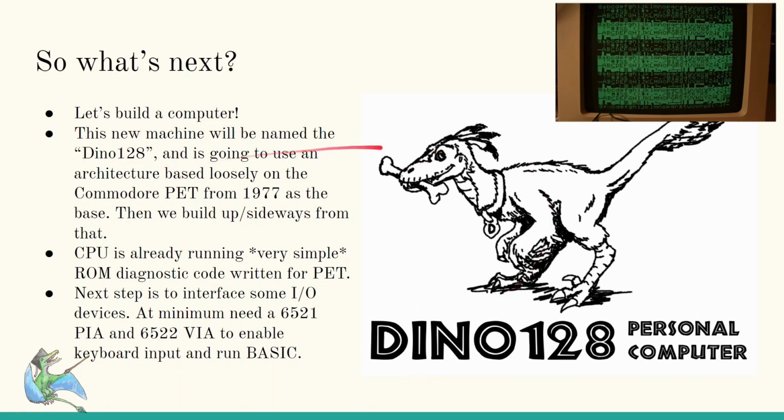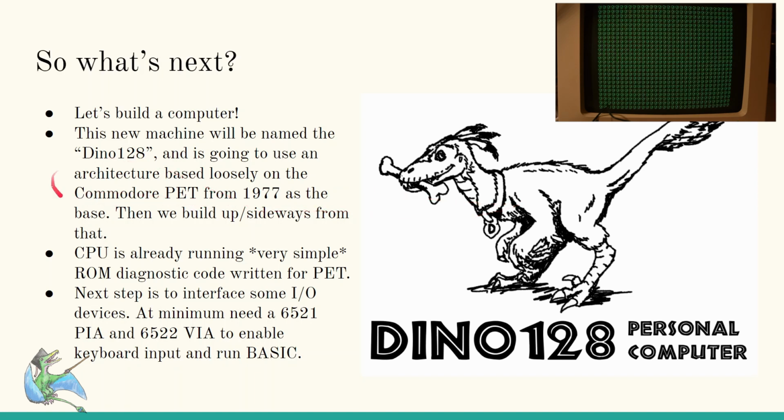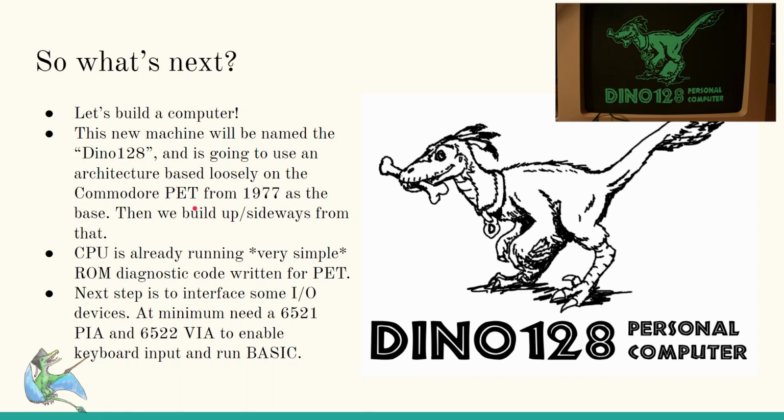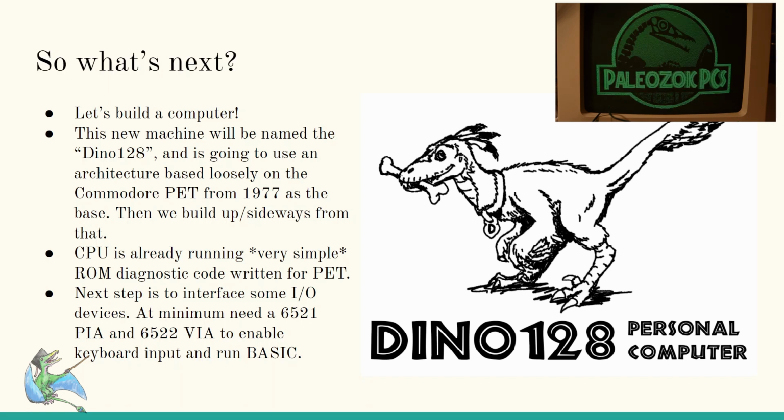The goal here is to make a machine that starts off as compatible with a Commodore PET, or at least loosely compatible with a Commodore PET, and then we try to evolve this. Obviously, it supports bitmap graphics, and it supports redefinable character sets.